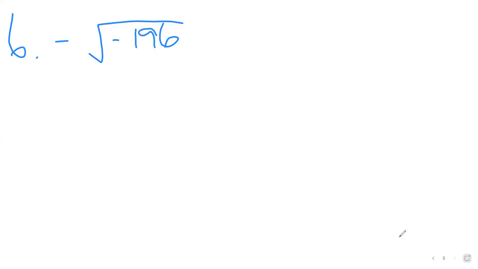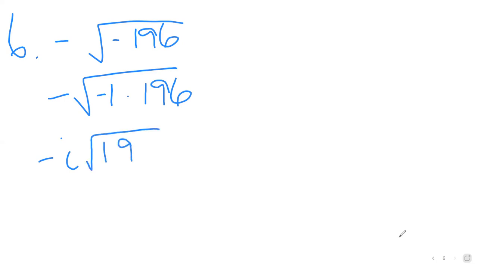Let's think about what that means as far as the imaginary number part, because it says simplify the imaginary number. This must be an imaginary number. So recall, we can think of that as a -1 times 196. And a -1 makes an I. So we'll take care of that -1 under the square root sign by an I outside. And then all we need to worry about from there is 196.